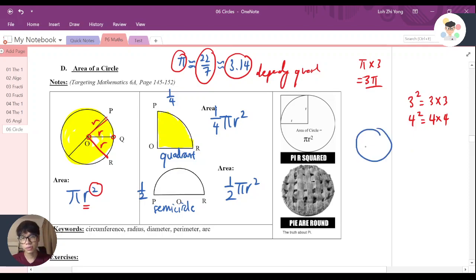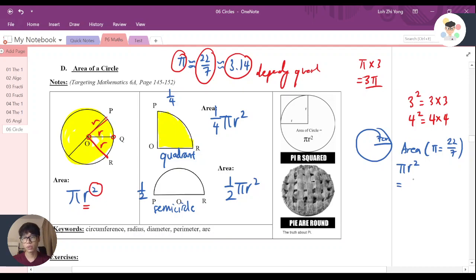For example, this is a circle, and this is the radius, which is 7 cm. The question asks you to find the area using pi equal to 22/7. So what you need to do is pi r squared.